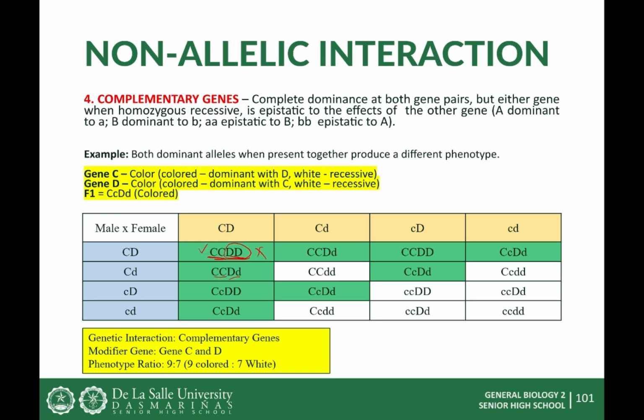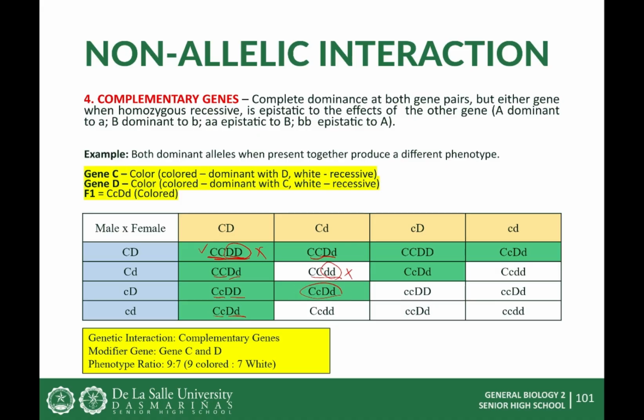This is also dominant. We have dominant. And again, we have a dominant. Dominant again here. So, automatic, this one will not be colored as a phenotype. Why? The D here is recessive. So, the moment the other gene has a recessive genotype, it will now express a recessive trait, which is white.